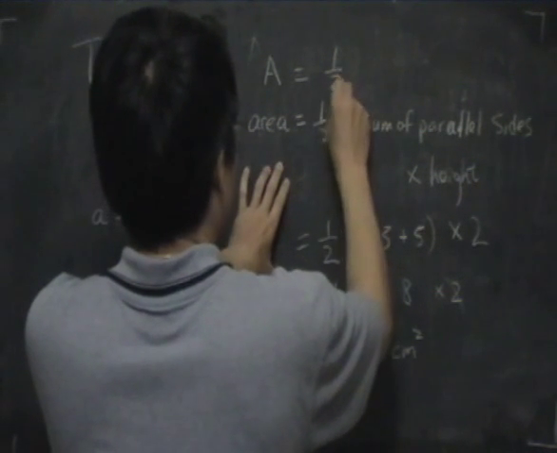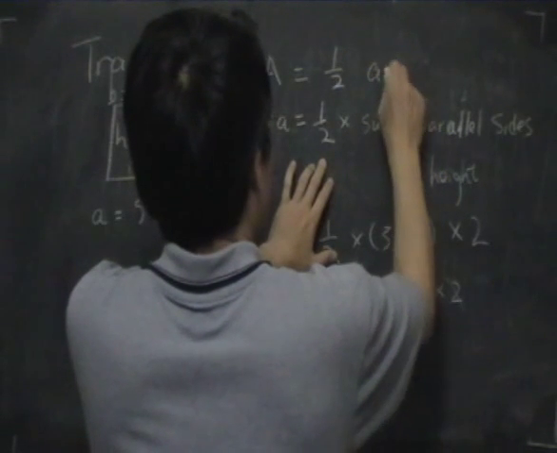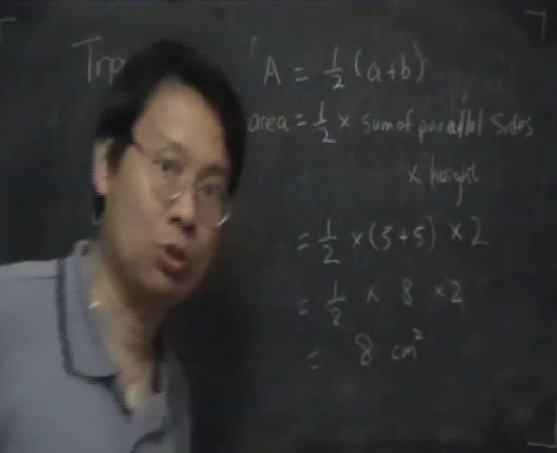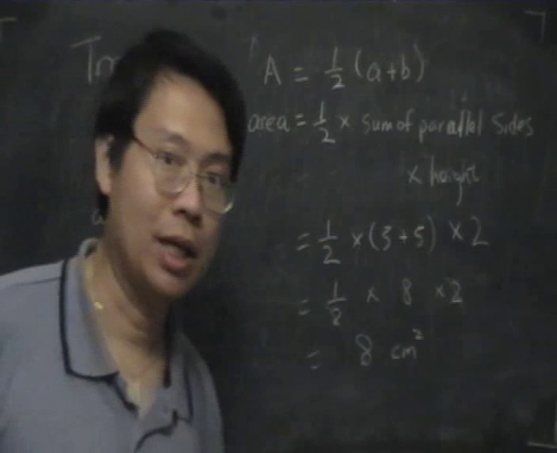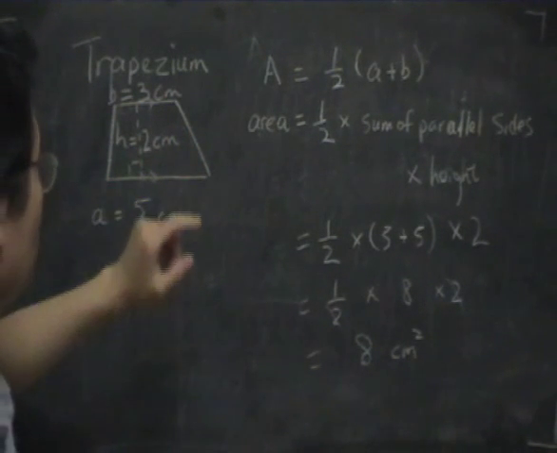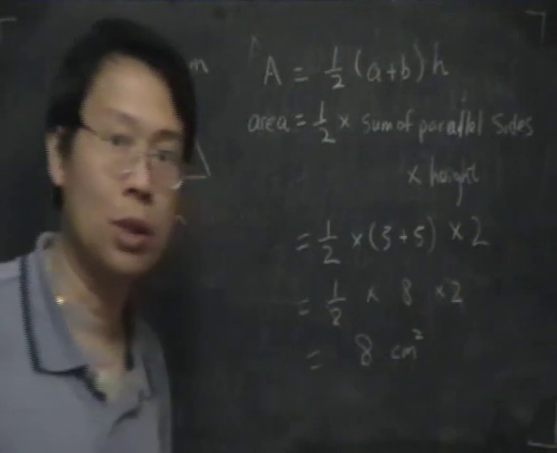Half times the sum of the parallel sides, that would be (A plus B), with a bracket to make sure that we add the A and B first, times the height, which is H. So that's the formula.